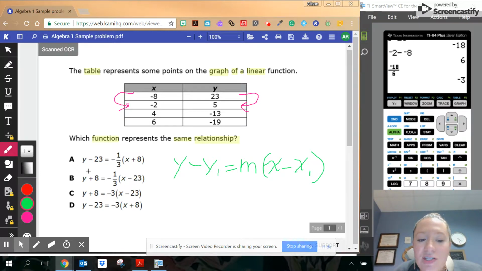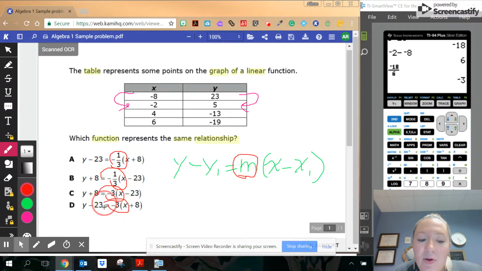Each of these equations is written in this form. I've got a y, and then a minus 23. A y plus 8 is the same thing as minus negative 8. I see a number outside my parentheses in all of these equations. Those are my slope, and then I have an x plus or minus something. So in point slope form, my m is the number right in front of my parentheses.